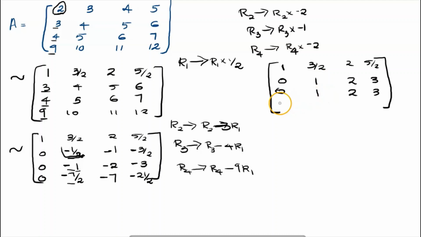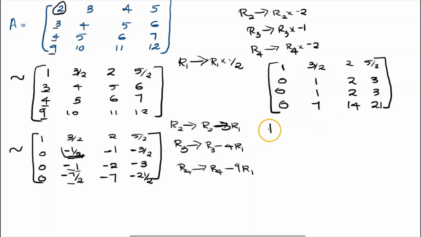Now R4 into minus 2: 0, 7, 14, 21. So it is visible that R2, R3 and R4 are linearly dependent. R2 and R3 are same and R4 is a multiple of R2 or R3. It means if you multiply R2 with 7, we get R4.